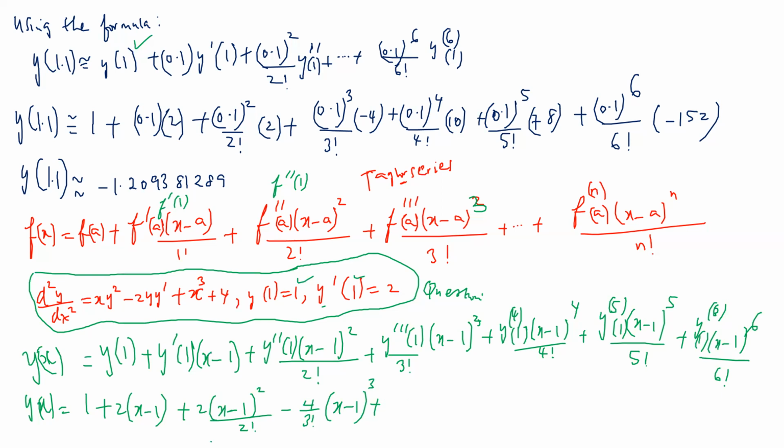We got it to be 10. Y fourth prime, we got it to be 10 here. And then we have x minus 1. Y fifth prime.